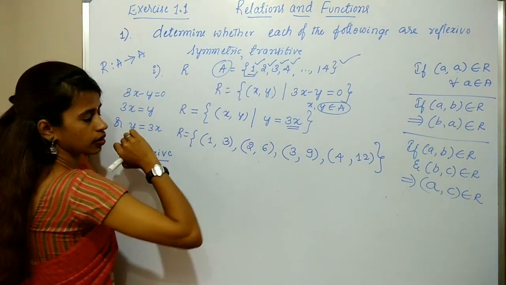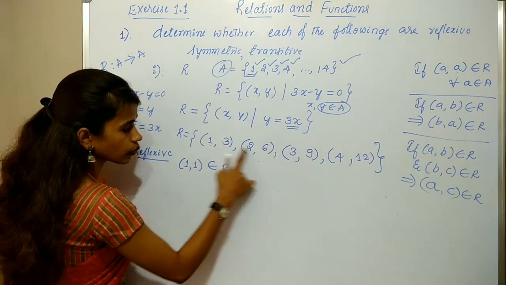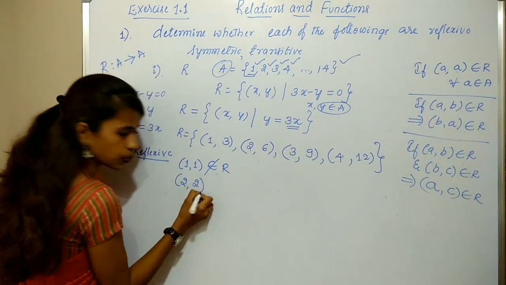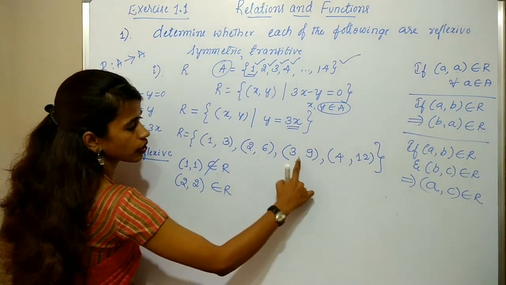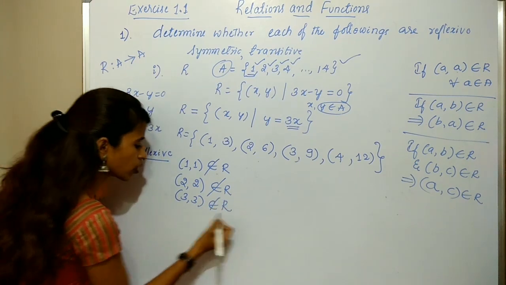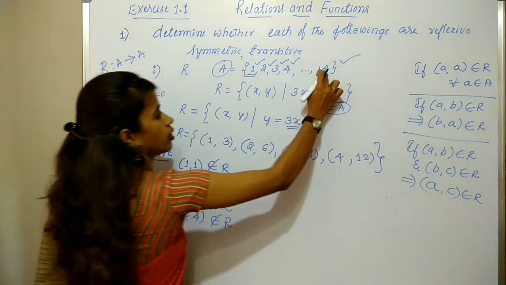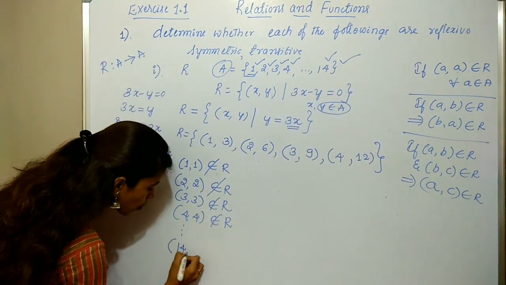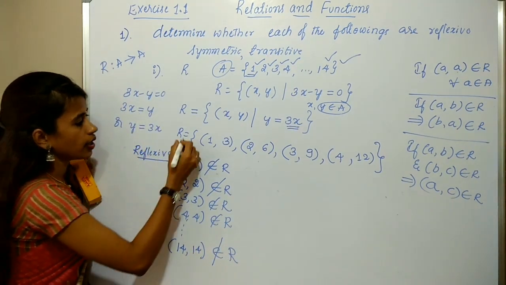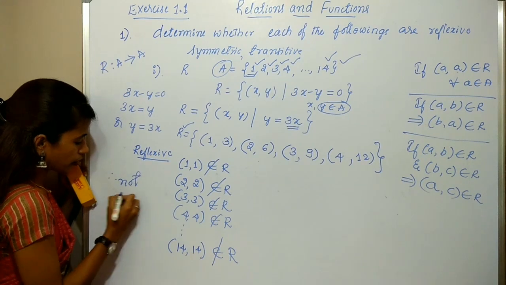If I take 1 with 1, does it belong to the relation R? (1, 1) does not belong to R. If I take 2 with 2, does it belong to R? No. 3 also does not belong to R. (4, 4) does not belong to R. Up to the last element, that is 14, (14, 14) also does not belong to R. Therefore, the given relation R is not reflexive.